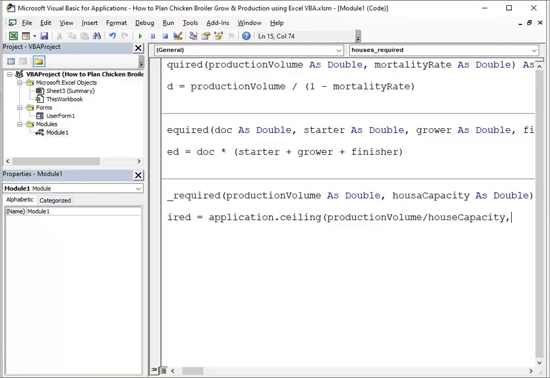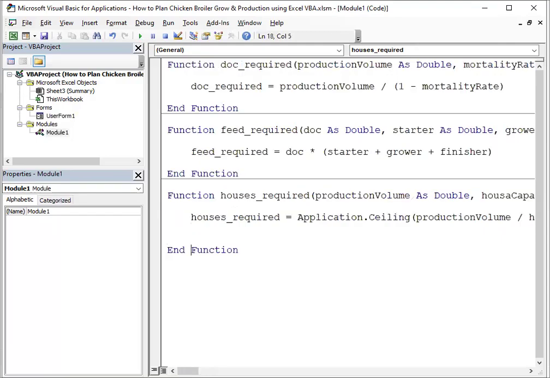Okay, and that would be one. Let me check again. All right, so the function, the third or the fourth function. We're already on the fourth function. This is houses. We need another function.